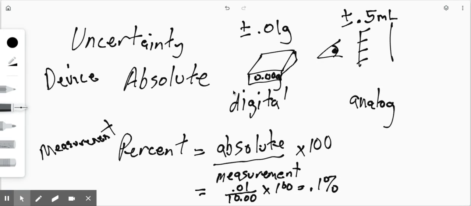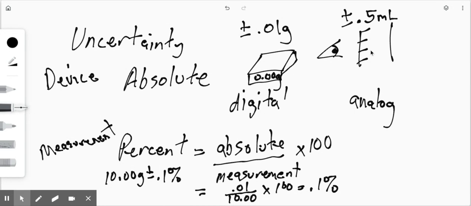So that means when writing down this mass measurement, we would have to say that the mass is 10.00 grams plus or minus 0.1%. That's how we would write that down using percent uncertainty of this measurement.